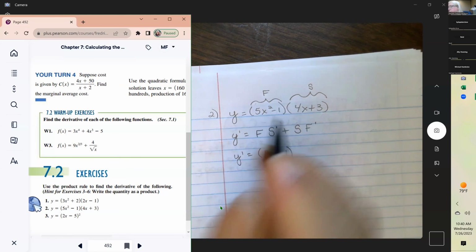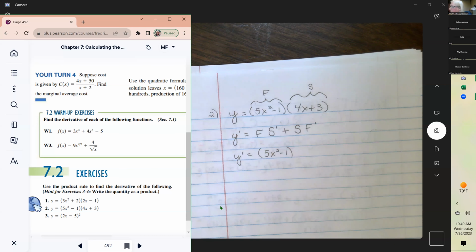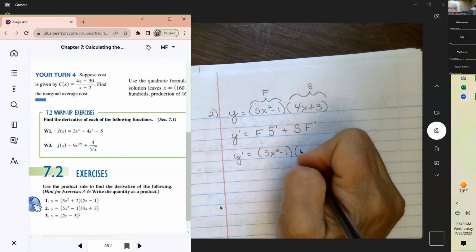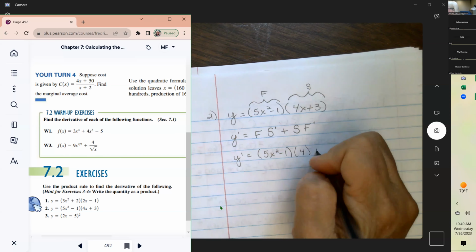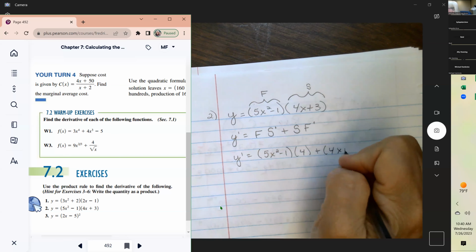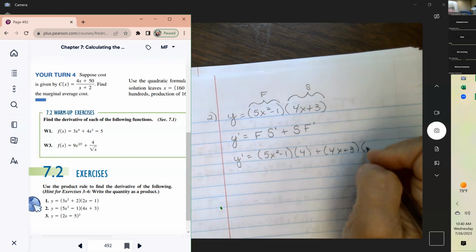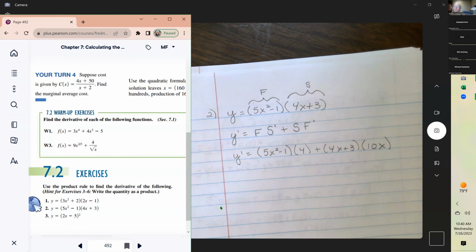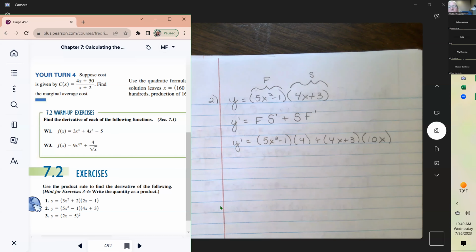So we took the first, 5x squared minus 1, times the derivative of the second, which is just 4. Plus the second, 4x plus 3, times the derivative of the first, which was 10x. Any questions?